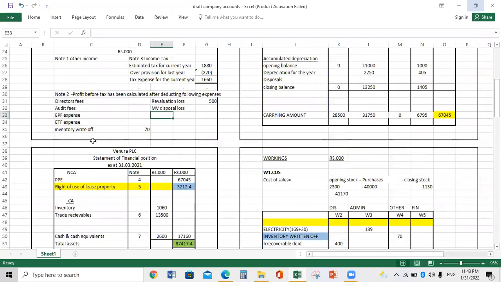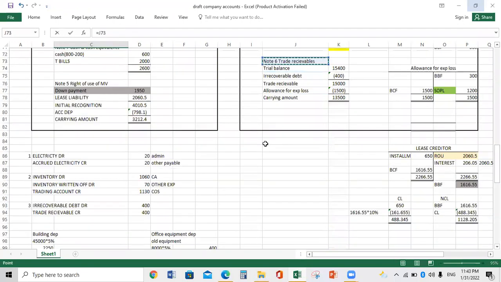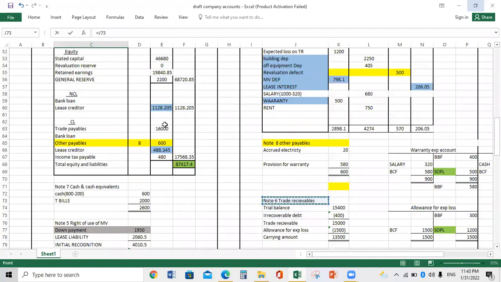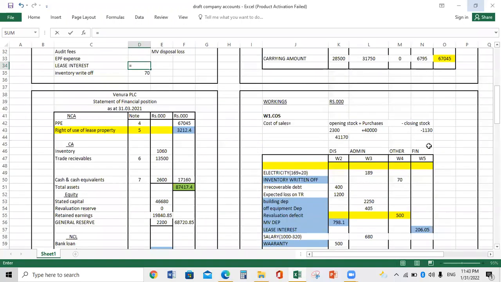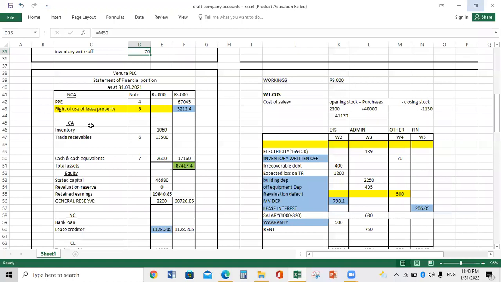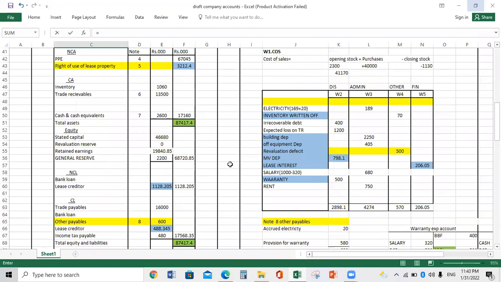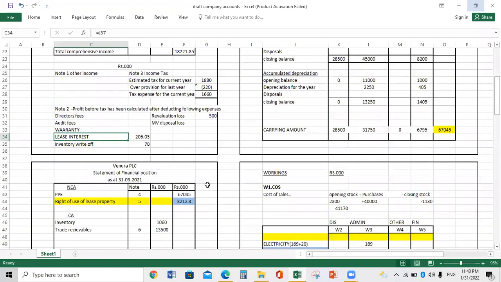What else can we write? Lease interest, easy, no? Write it. Okay, what else didn't I write yet? Warranty. So guys, I wrote the easy four items. Okay, done. So guys, 4 is enough.